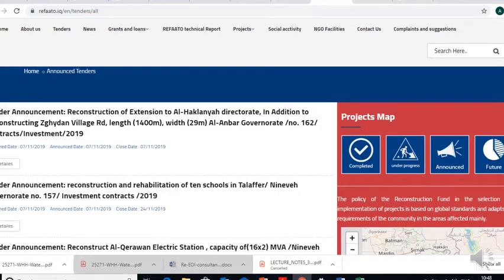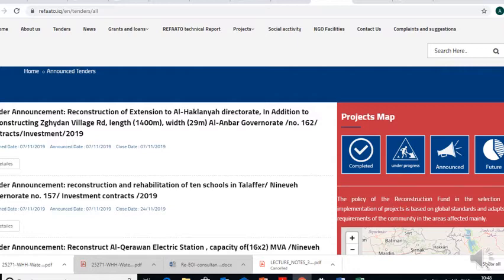And so this is at the bottom of the Refato website. What have we got here? We've got a tender announcement for the reconstruction of extension to the Al-Haqlania Directorate, the Zaigdan Village Road in Al-Anbar. Okay, so this will be building a 1.4 kilometer road.